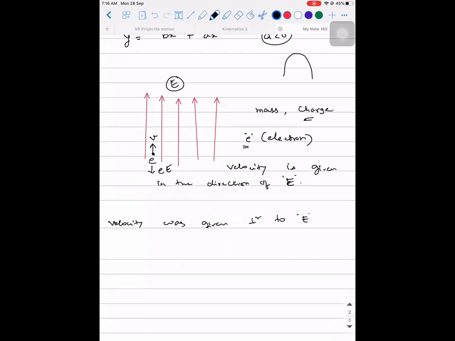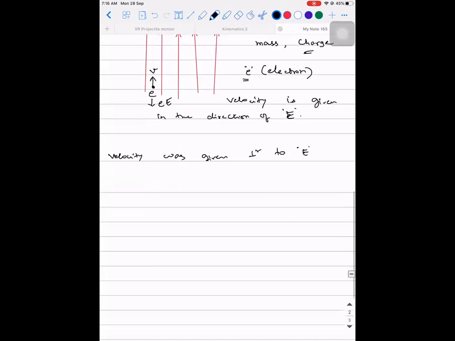What would have happened to it? Had we given velocity perpendicular to electric field, what would have happened to it?